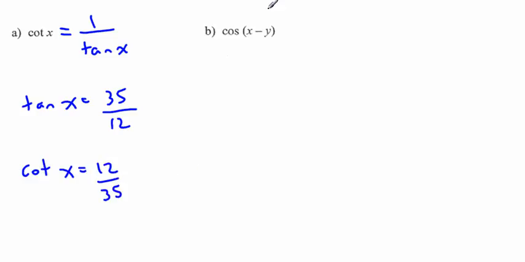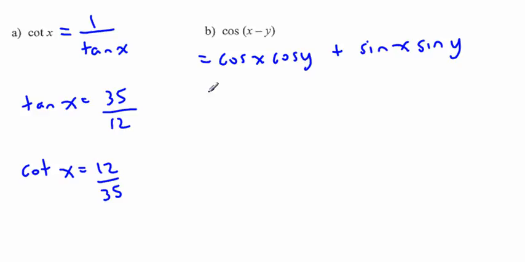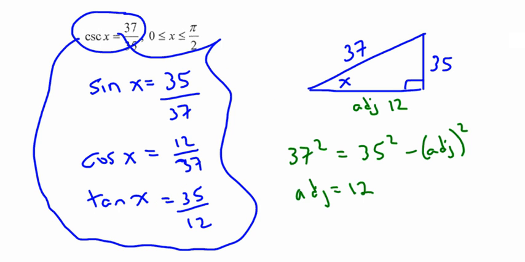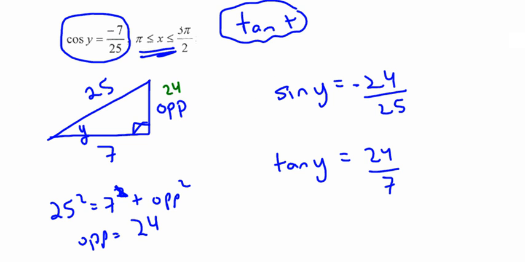Done. So to find cosine of x minus y, we'll first use the identity to rewrite that as cos x cos y plus sine x sine y, and then each one of these, so cos x, I know what that is, I know what cos y is, I know sine x, and I know sine y. So let's go find them. Cosine x was 12 over 37.